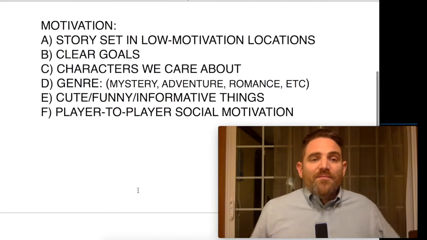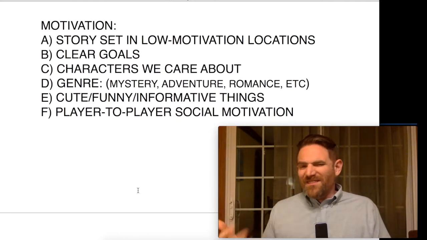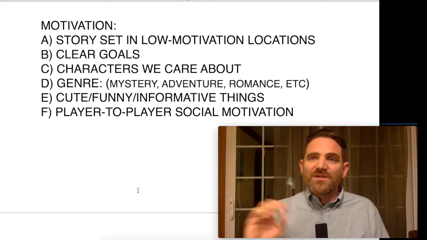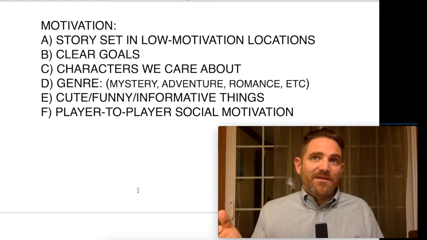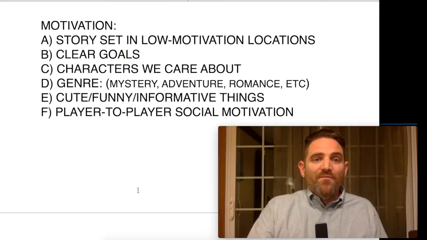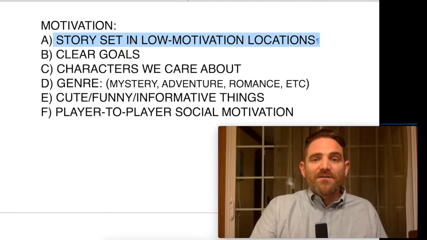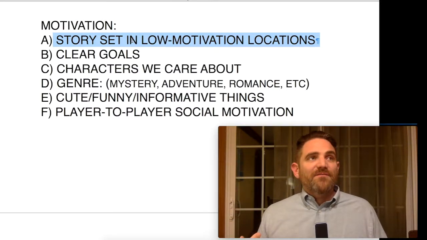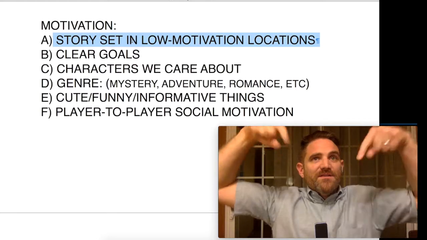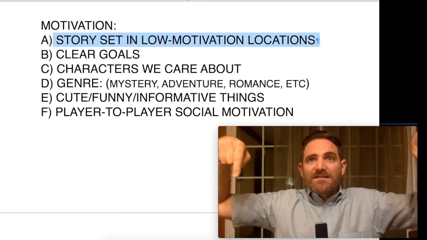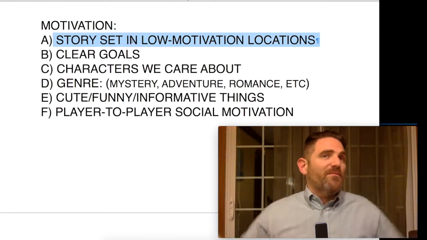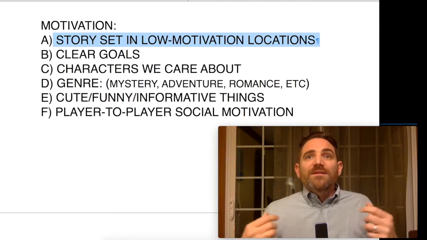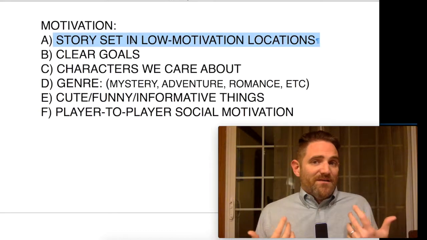So when thinking about player motivation, there's a few ways I think you can try to adjust your design to meet players halfway. And one of them is to set your story in what I call low motivation locations. In other words, instead of putting all the points in your map in hard to get to places or in places that I probably am not going to go on my own, put them in places where I probably am already going to go, right?